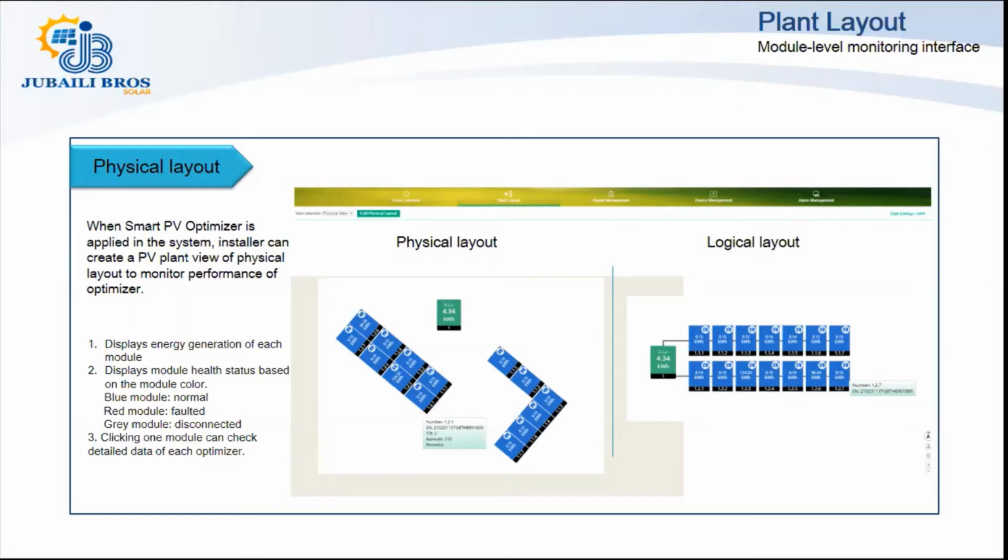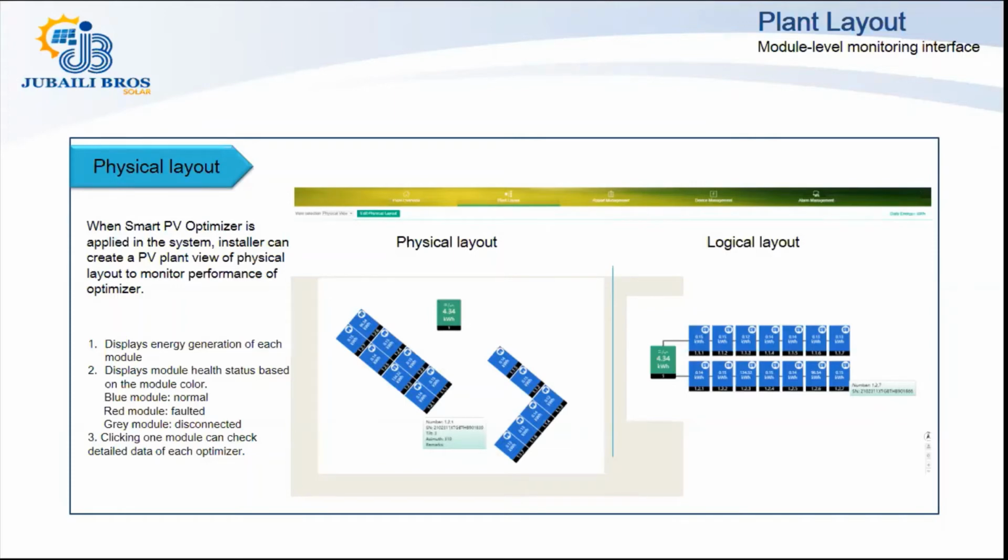These can be done on Huawei FusionSolar by scanning the tag of the PV optimizer through your FusionSolar mobile app. I will come to that point again in one of the next slides. So this is how you will be doing it. It will display the energy generation of each and every module that you put, and the current generation.